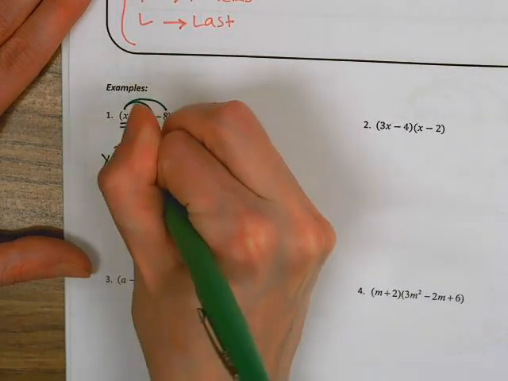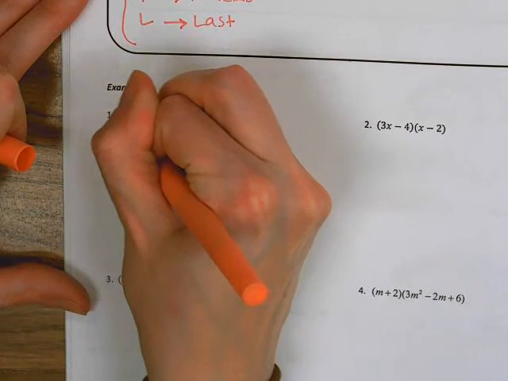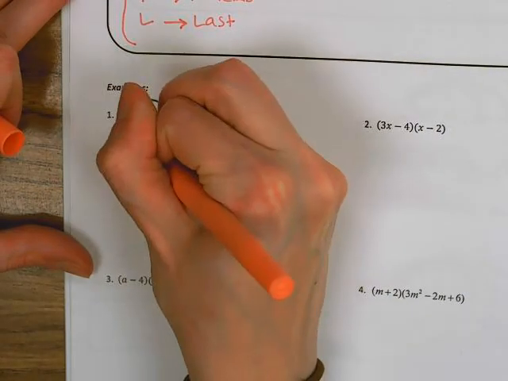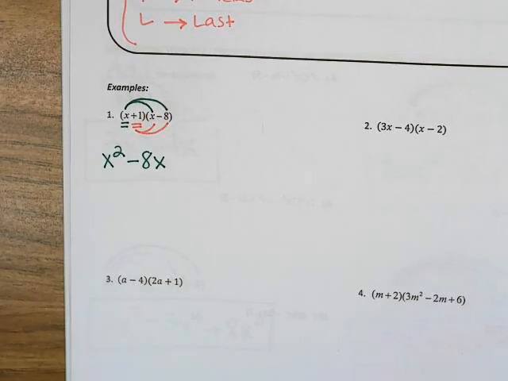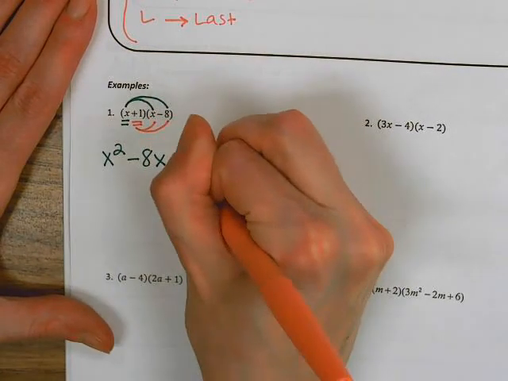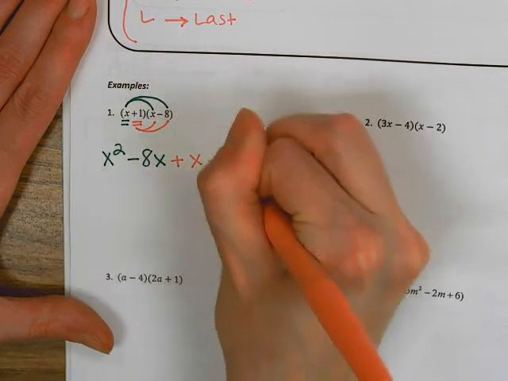That's negative 8x. Okay, we're halfway done. Now I'm going to take the 1 and I'm going to distribute or multiply it to both of these guys as well. So 1 times x is positive 1x, and 1 times negative 8 is negative 8.